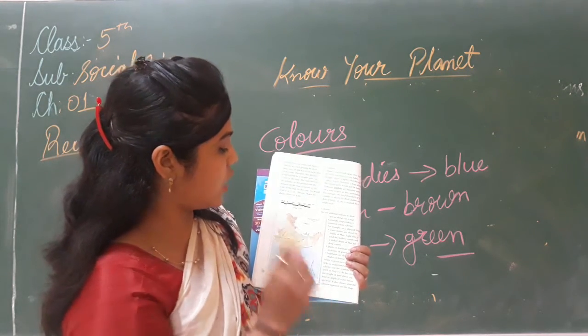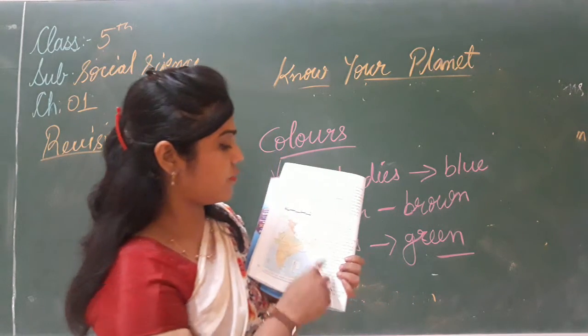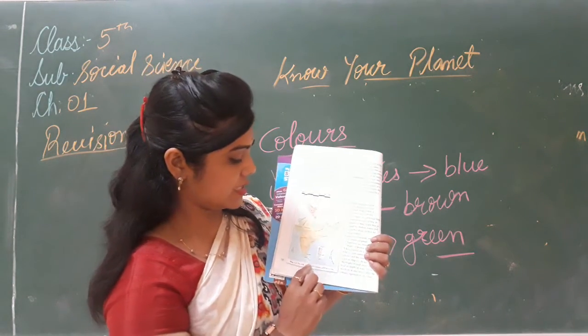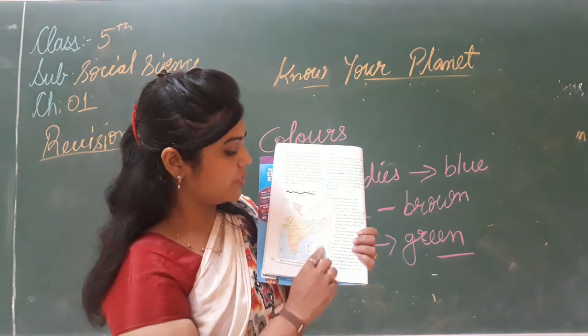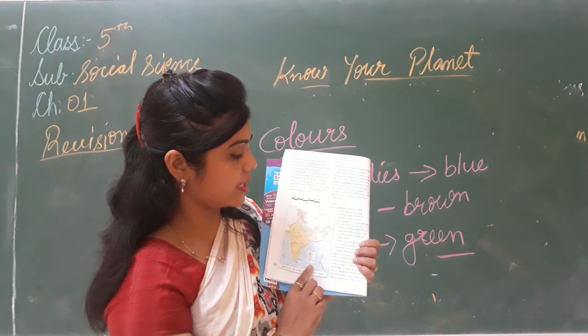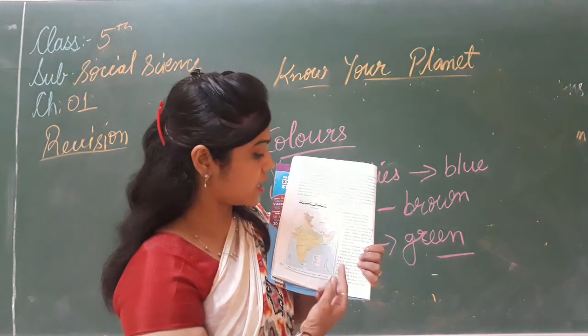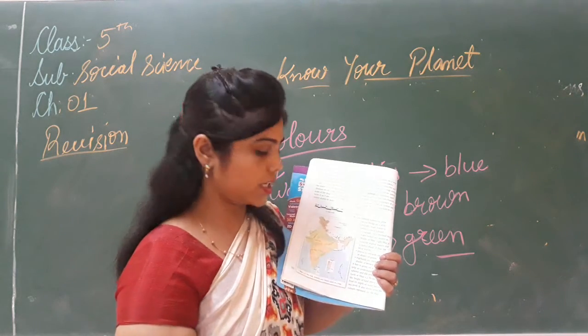Generally maps follow common colors: blue, brown and green. For water bodies, see this map 1.2, they are blue. Blue color represents water bodies. Light blue for shallow water and darker shade for deep water.